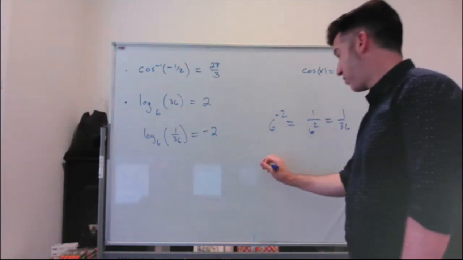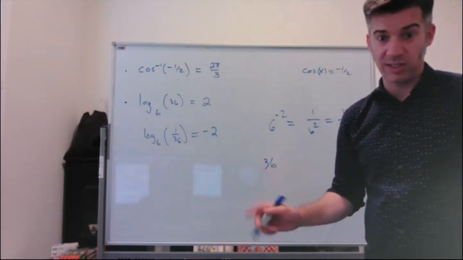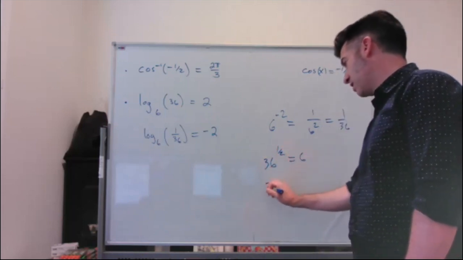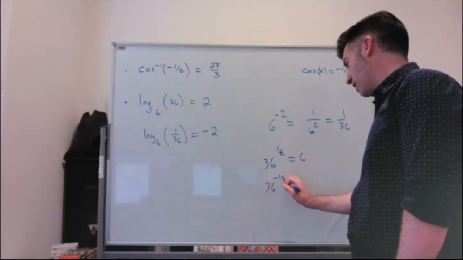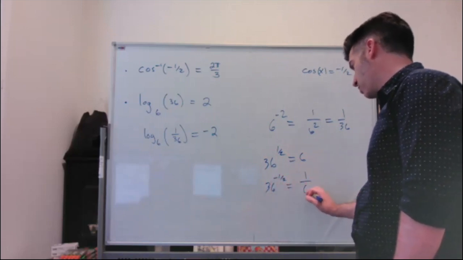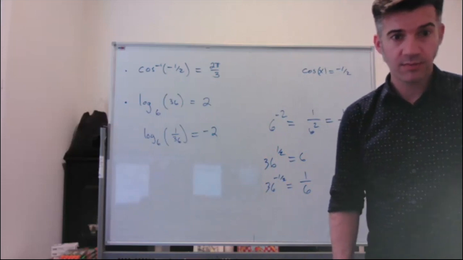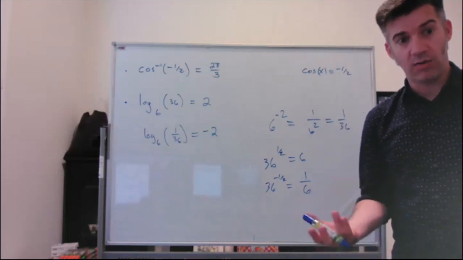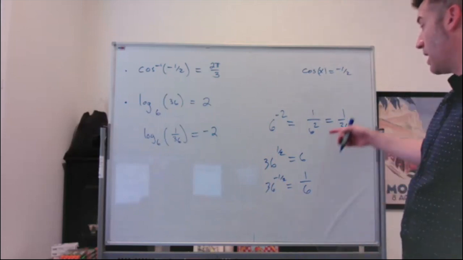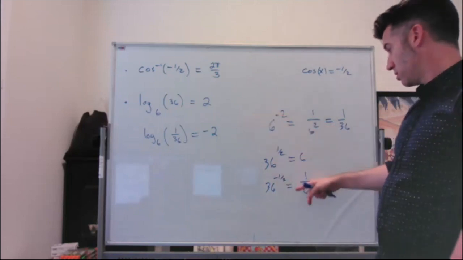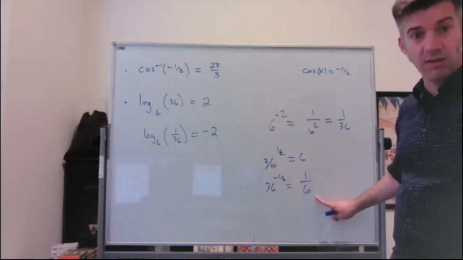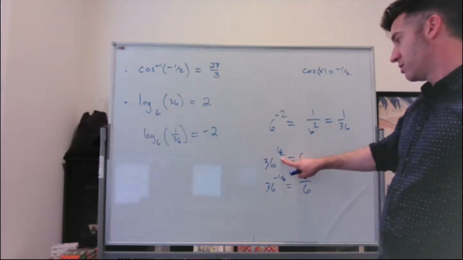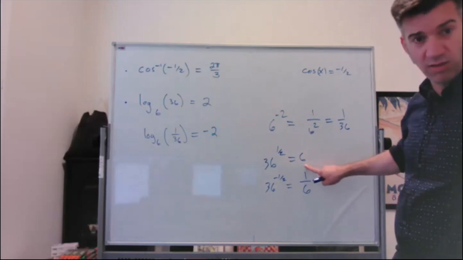Whereas 36, which is not our base, to the 1/2 is 6, and 36 to the -1/2 is 1/6. Something that's useful to know about powers in general: negative powers typically give you things that are less than 1, whereas fractional powers typically make it smaller.